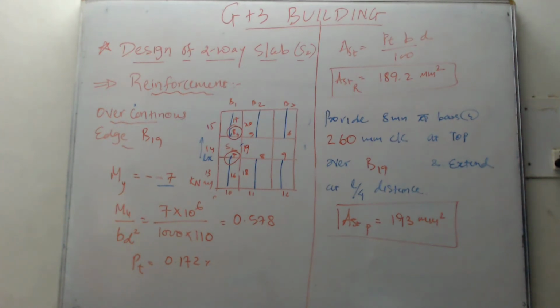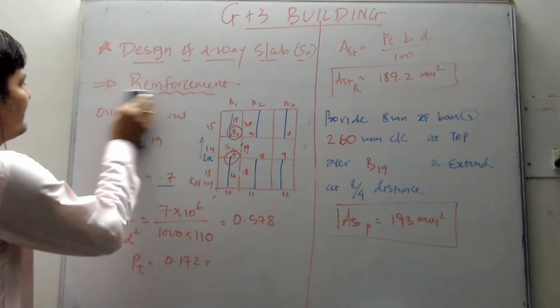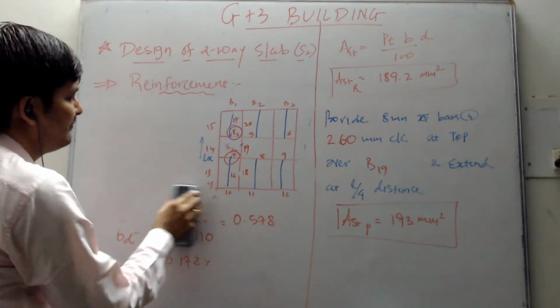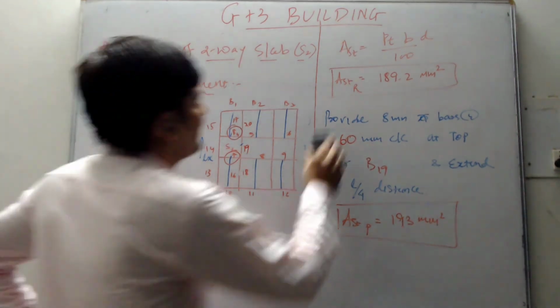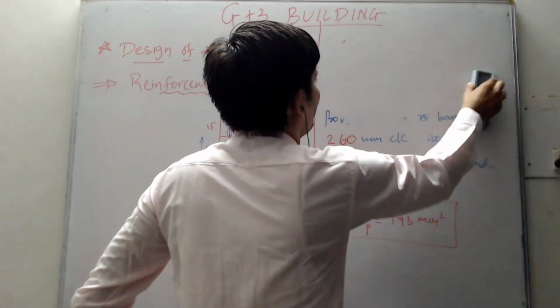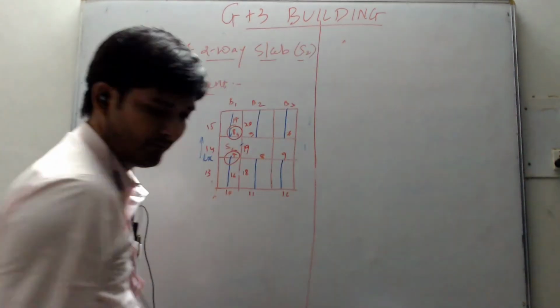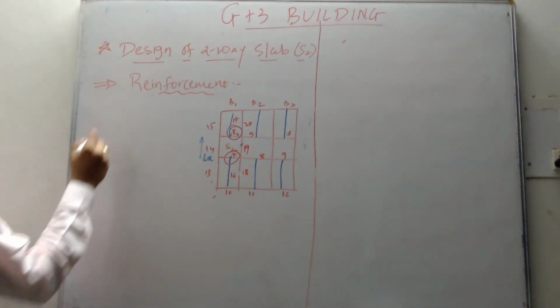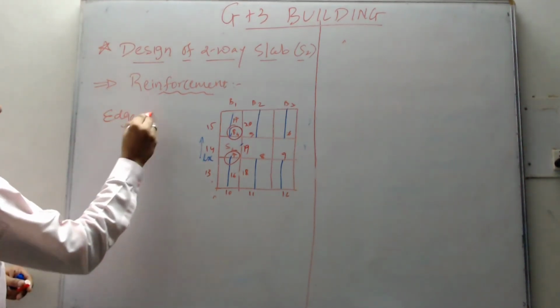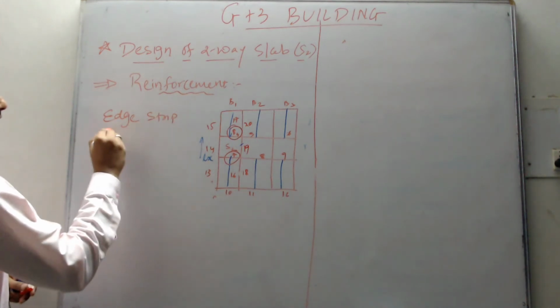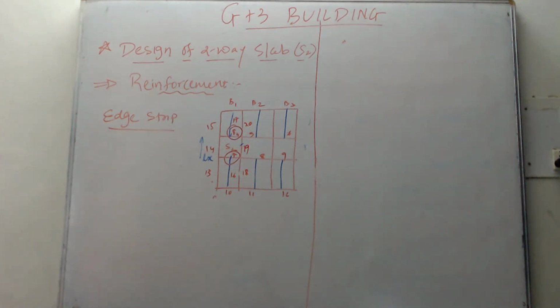Next thing we need to consider is reinforcement in edge strip. So let me rub this off and quickly calculate reinforcement in edge strip. In edge strips, minimum reinforcement is to be provided.